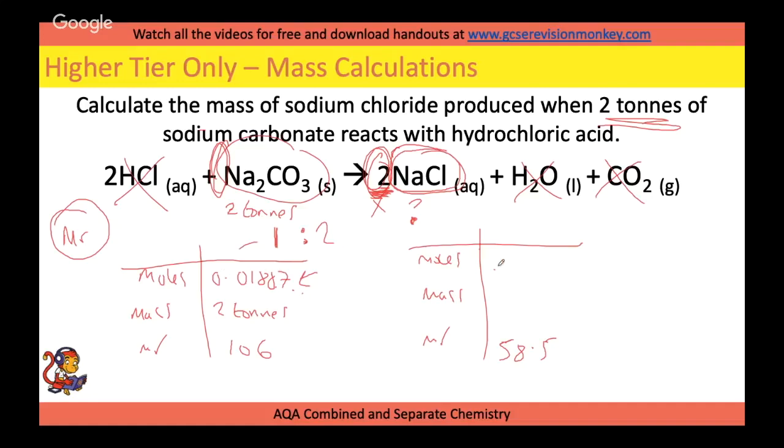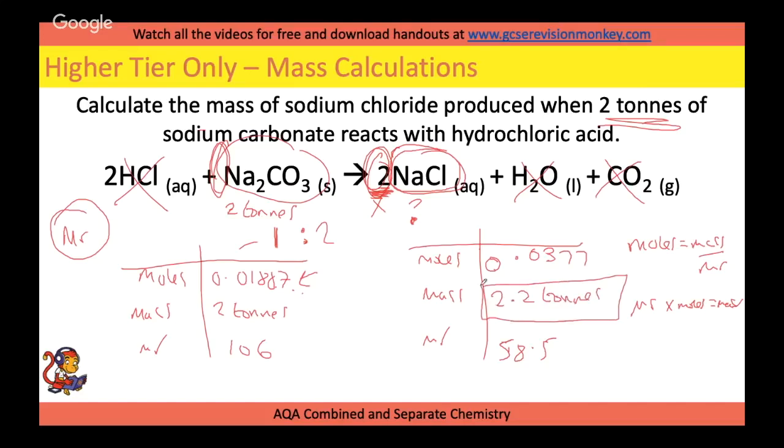Doubling this gives us 0.0377 moles. Then we rearrange our formula, moles equals mass over Mr, to Mr times moles equals mass, so we multiply these two together to get our answer of 2.2 tons. Now you could have done it in grams and then converted it back into tons. That's fine as well.